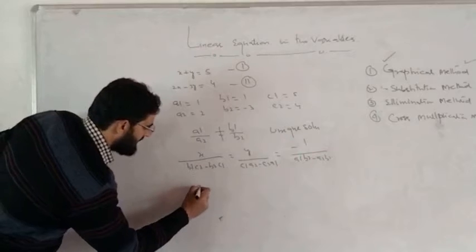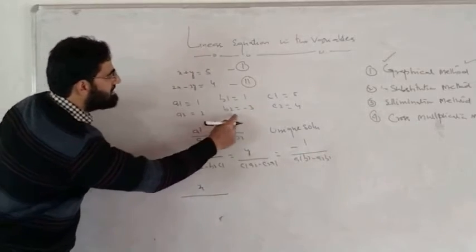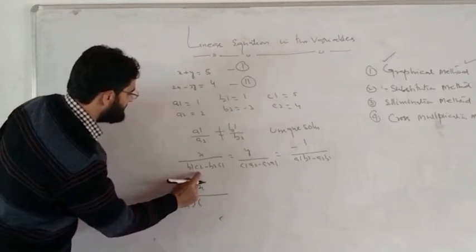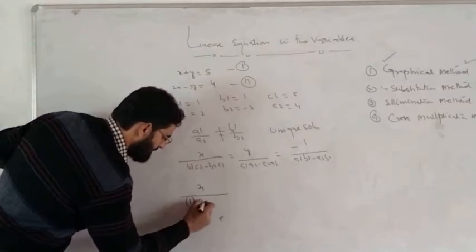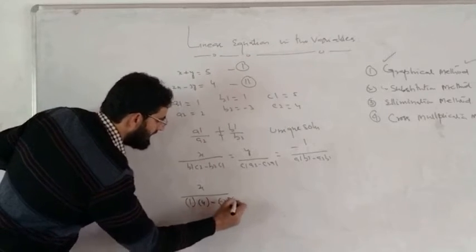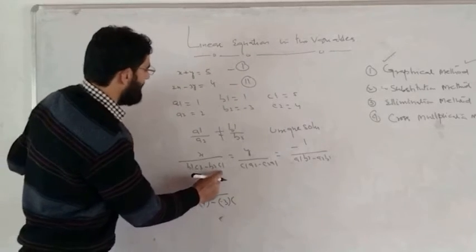So here I go: x divided by b1, what is b1? It is 1, into c2, which is 4, minus b2, which is minus 3, into c1, what is c1?